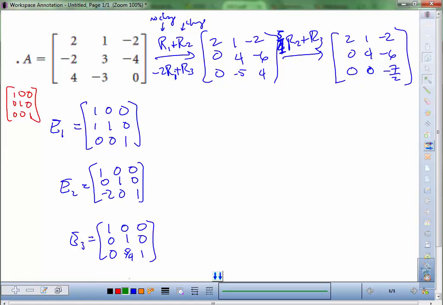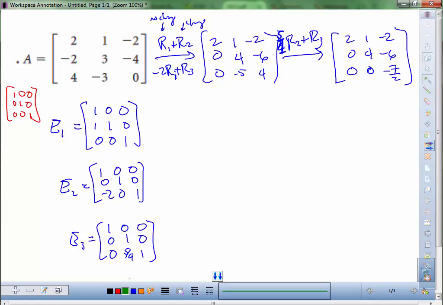Okay, so this 3.4 is called the LU decomposition, and L stands for lower triangular and U stands for upper triangular. Now, there's some interesting things that are happening here already.